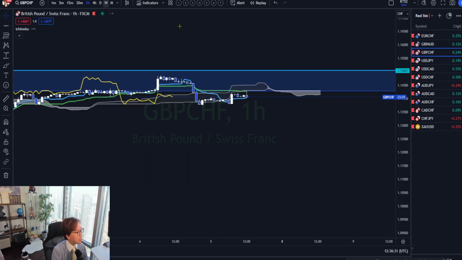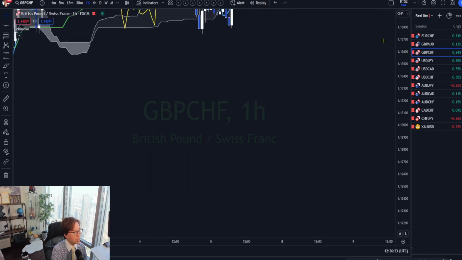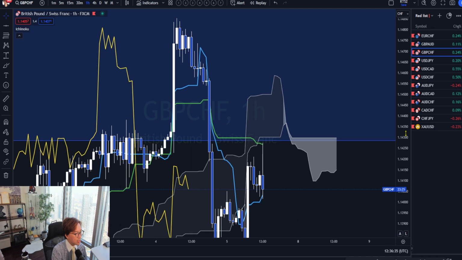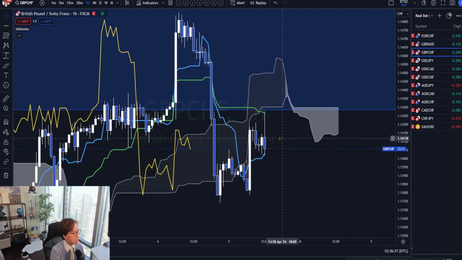So just in case, let me check the 1 hour. The 1 hour time frame shows it's consolidating. It's a bearish bar with a long wick pointing up. Initially it went up, but now it's getting down. It's sold and consolidating. So most likely, I think this market goes range sideways after this.